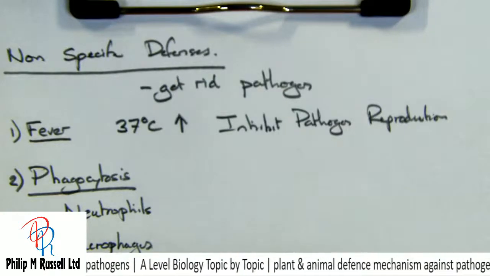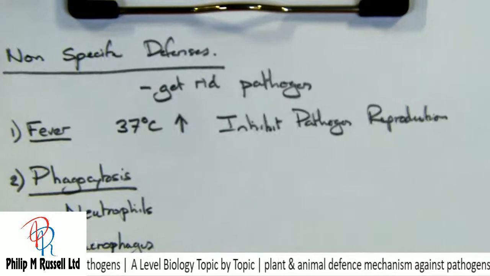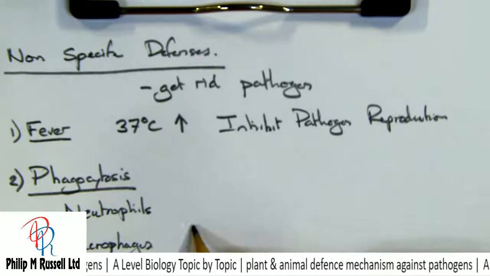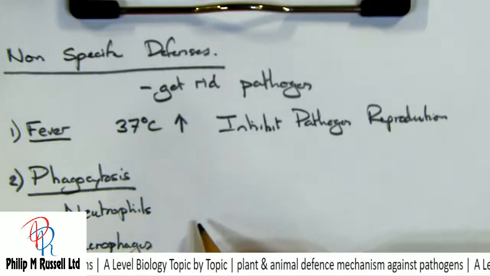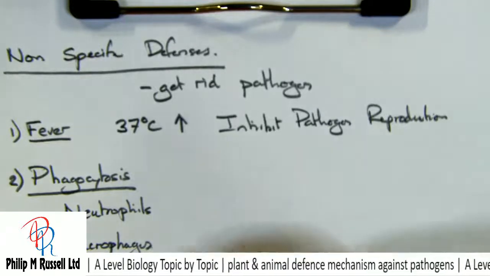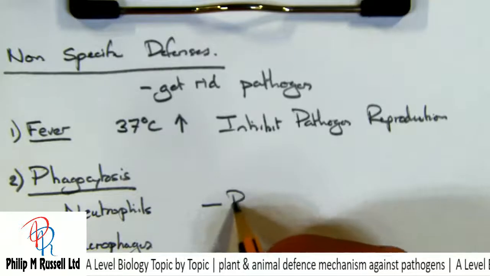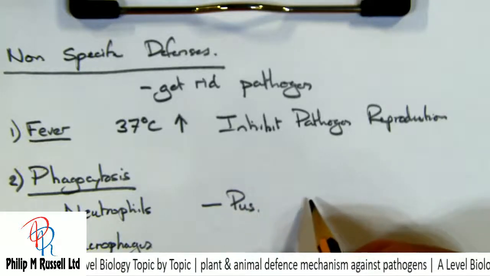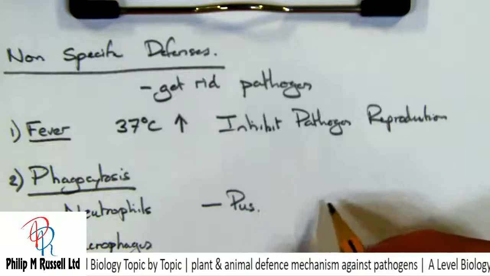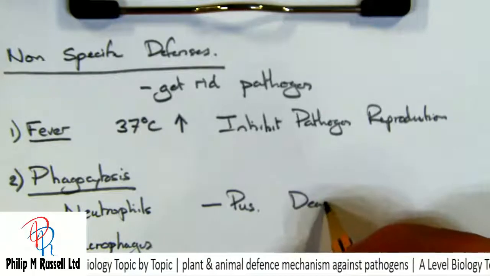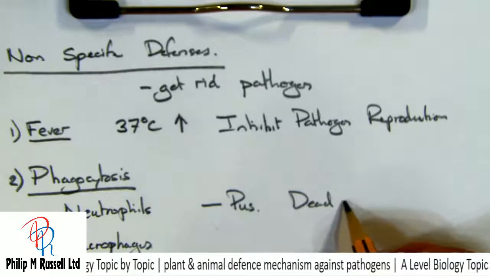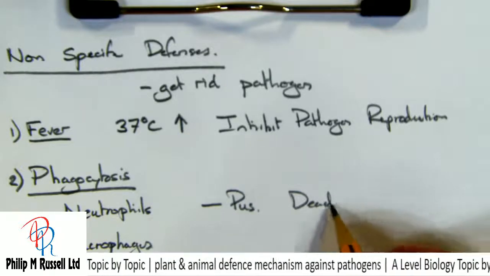We want to kill off everything, and it's the cytokines that are going to bring these here. And when we look at things like pus in a wound, this is basically going to consist of dead neutrophils plus the pathogens.